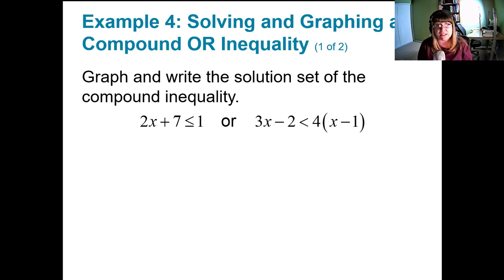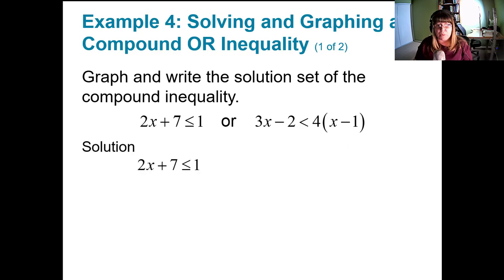It's just one of them has to be true at any particular value of x. So we have 2x plus 7 is less than or equal to 1, or 3x minus 2 is less than 4 times x minus 1. And so let's take these one at a time.